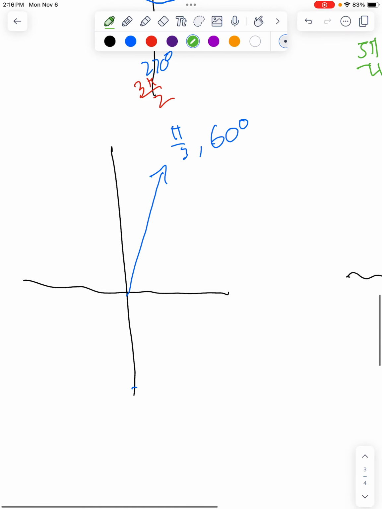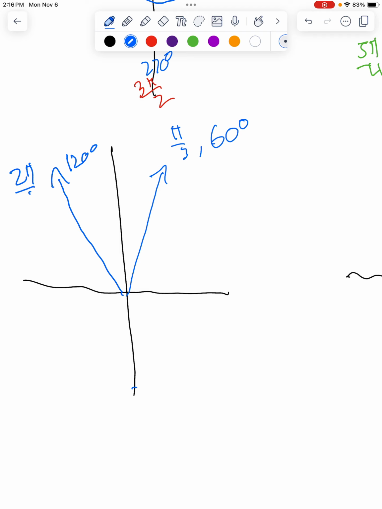For 60 degrees, again, that's another common one. So we can think about, all right, I'm splitting this up. I've got 60 degrees, which is pi over 3. I also have 120 degrees, and that would be 2 pi over 3. 3 pi over 3. This next one would be 240 degrees, which is 4 pi over 3.